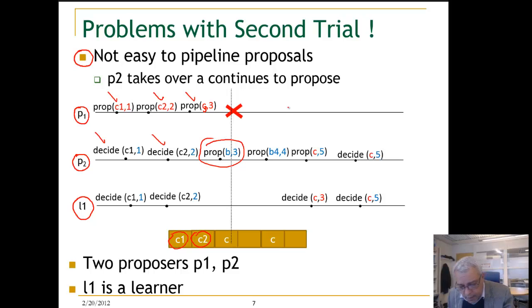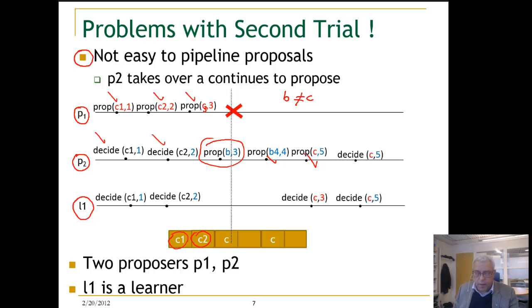So B is different from C now, okay, and he continues proposing B4 for slot 4, and then he proposes C again for slot 5.